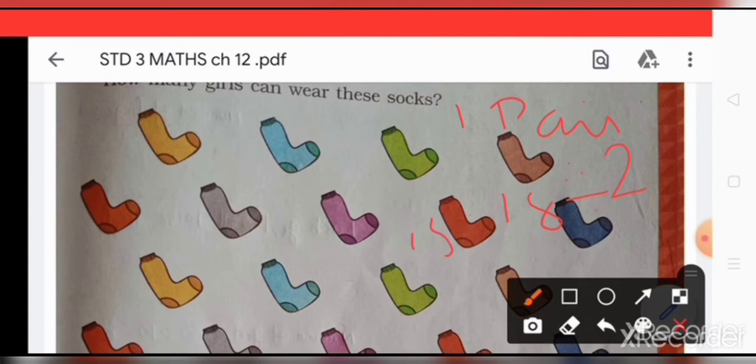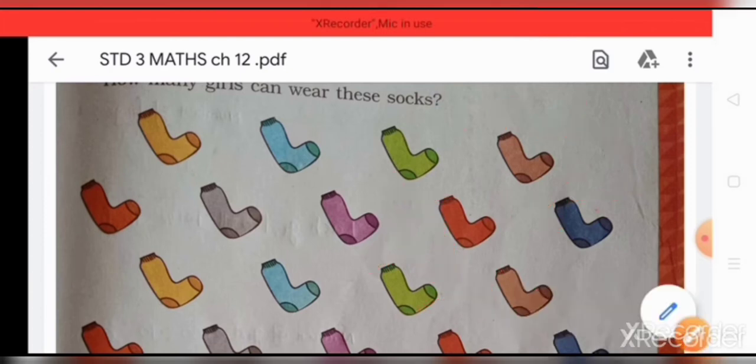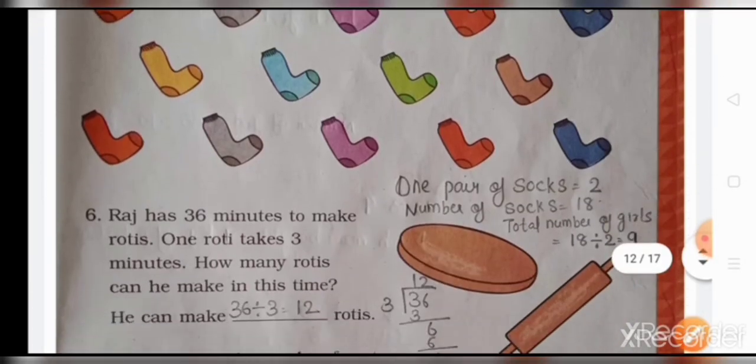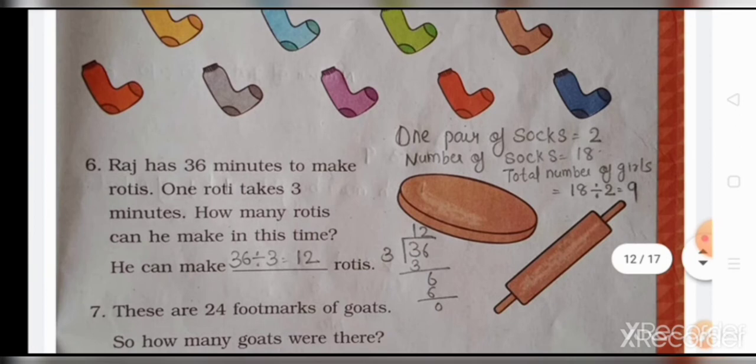In the 2 table, how many times does 18 come? 9 times. 2 9s are 18. Then how many girls are there? 9 girls. One pair of socks is equal to 2. Number of socks 18. Then total number of girls, 18 divided by 2 is equal to 9.